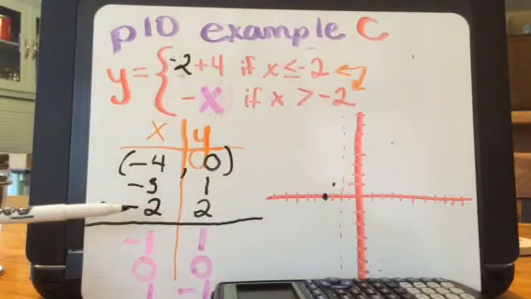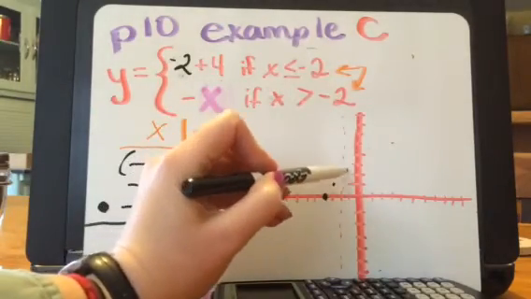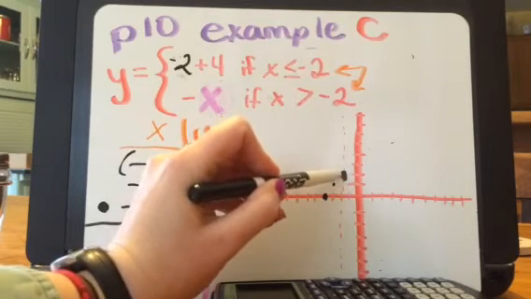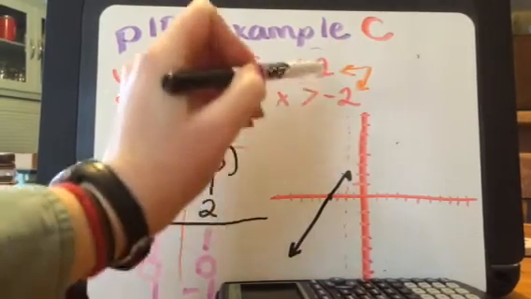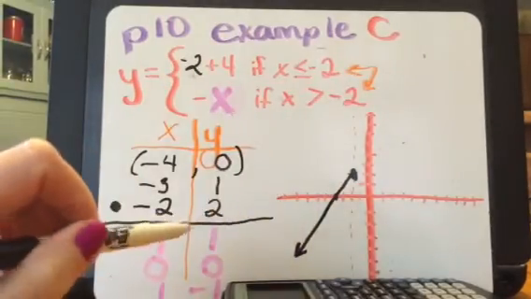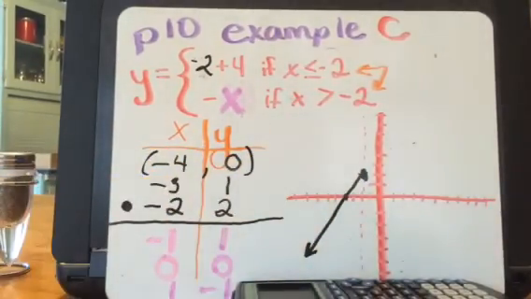And then I have a solid point at -2, 2. So on that dividing line, up 2 units, a solid circle. And then I can connect these dots going in an upward slope if I read it from left to right. But remember, this is everything to the left of x equals -2.